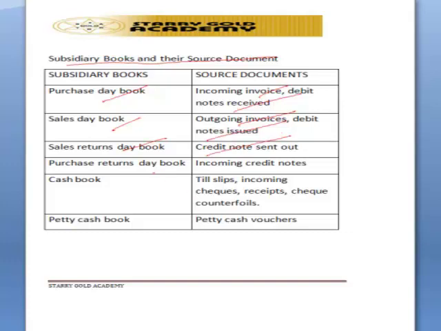Purchases return day book, incoming credit notes. Cash book, the source documents are till slips, incoming checks, receipts, and check counterfoils. And for the petty cash book, we have the petty cash voucher as the source document. This is examinable, it is testable in the exam. You must note the source documents to each of the subsidiary books of account.